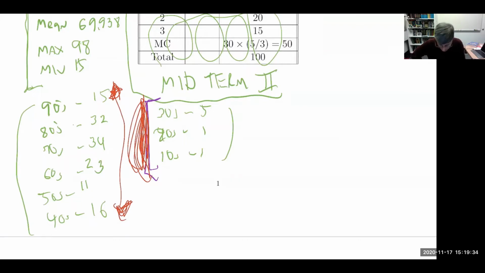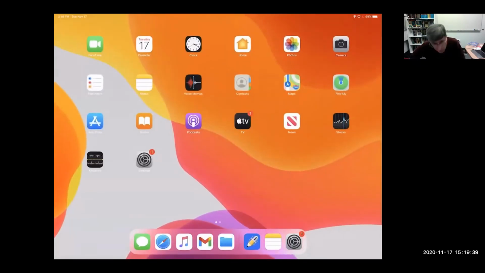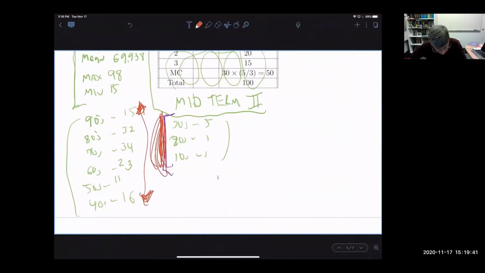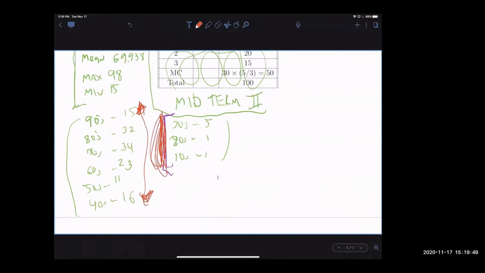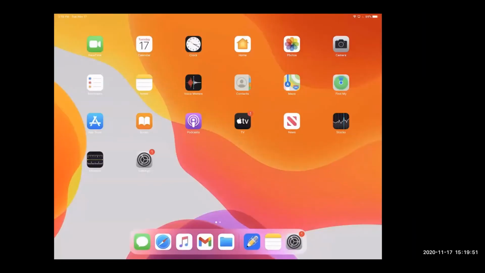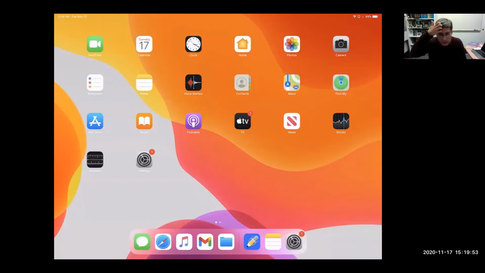If that's so, I'd like to move on to the real topic of today's lecture. Let me see if I can get that going. Actually, Professor, I forgot to ask, do you know what the standard deviation was? I don't know what the standard deviation was.